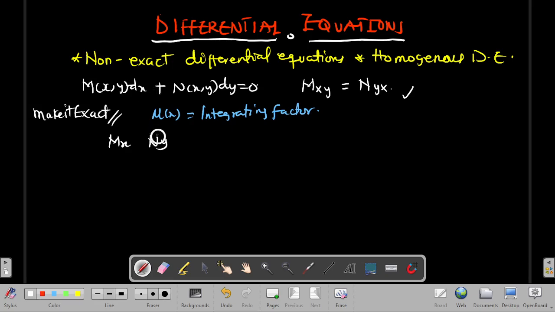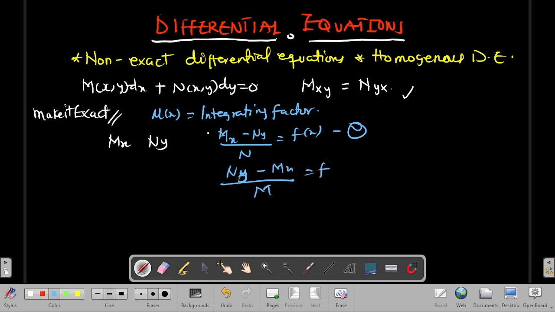Now let's see something here. In your test, if you find M_y and N_x, the integrating factor is obtained as follows: (M_y − N_x)/N = f(x). That is one. Or (N_x − M_y)/M = f(y).